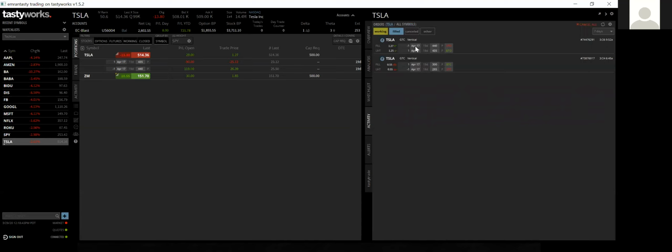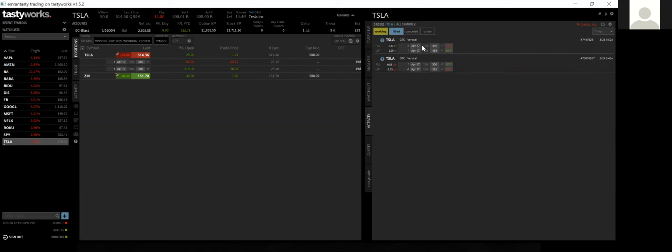This will expire on April 17. I'm expecting that the Tesla price will be more than 440 on April 17.